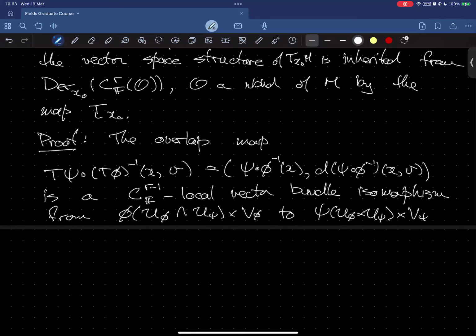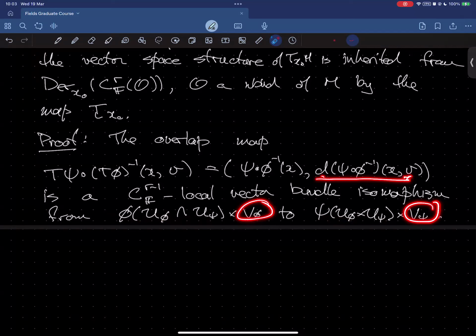Okay, so that's clear. So this guy is a diffeomorphism from this one to this one. And then on the fibers, this mapping is an isomorphism.